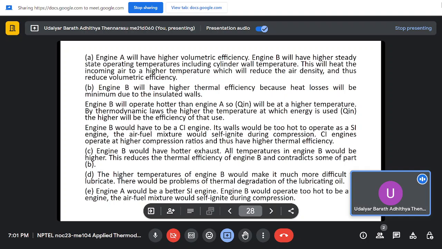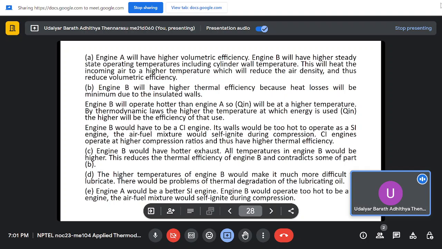Engine B will be hotter than engine A, so the peak temperature will also be higher in engine B. Higher temperature means higher efficiency. At higher temperature, the quality of the heat is higher. The higher the temperature at which energy is used, the higher the efficiency of that use.